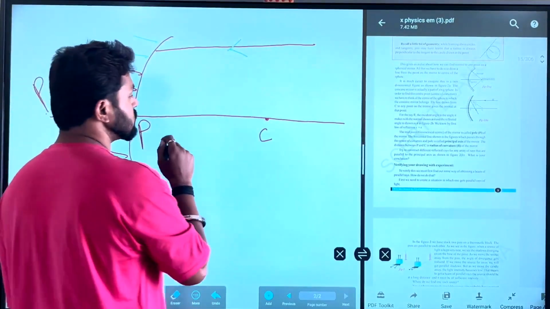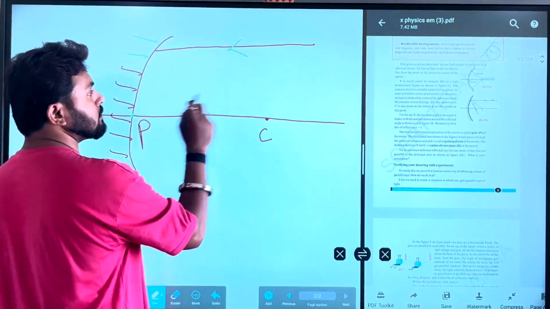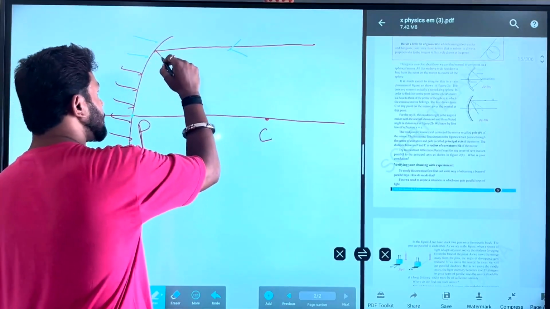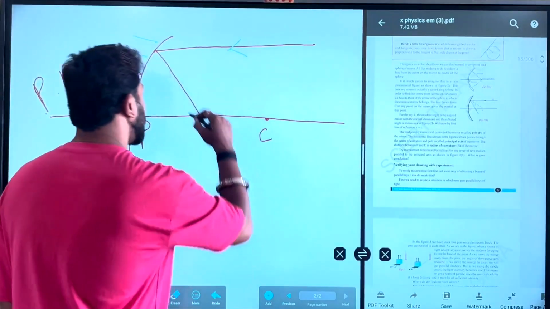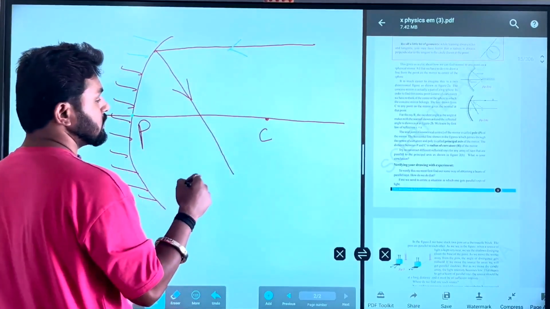As I told you, whenever a ray of light comes, after striking the mirror it will pass through this point.